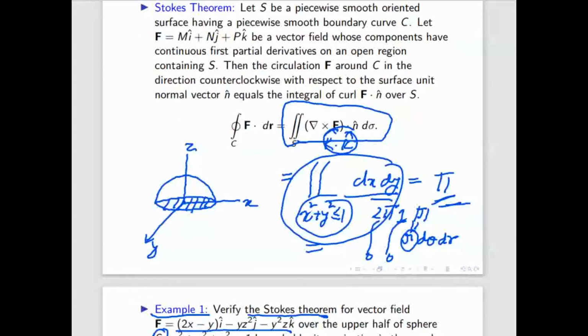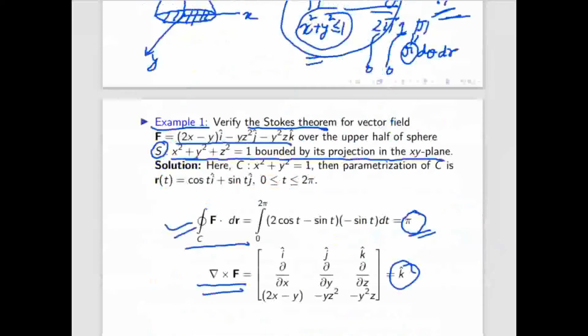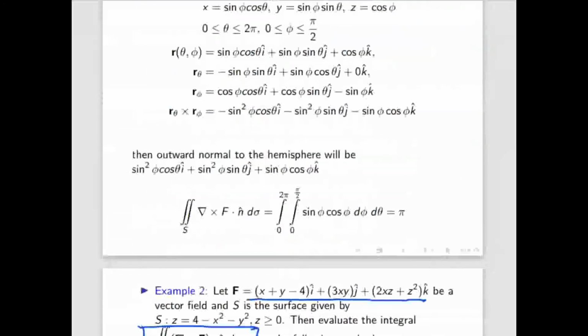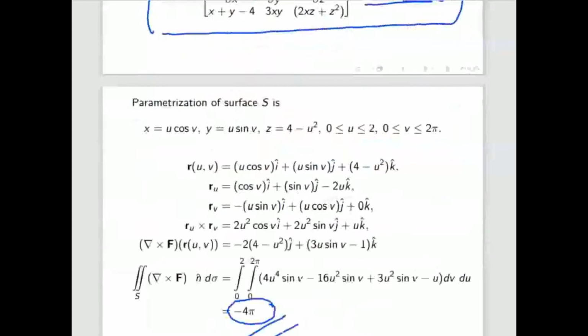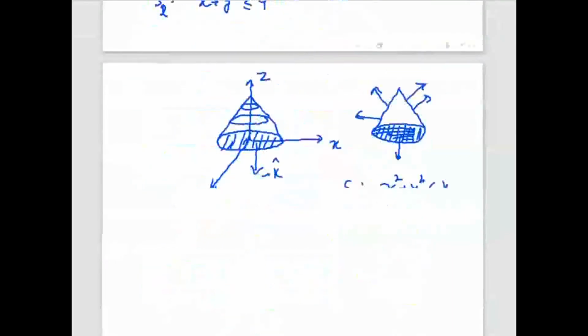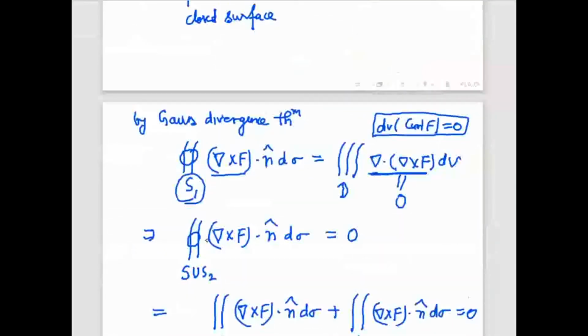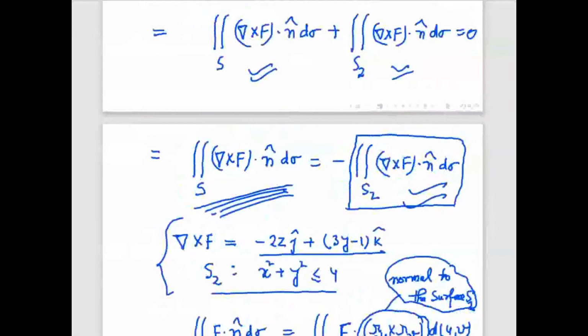But after applying, what is the final conclusion? After applying the Gauss divergence theorem, that theorem says this integral is the same as minus of this, right? So here we are taking minus k, but that minus k will cancel with this minus and become plus.